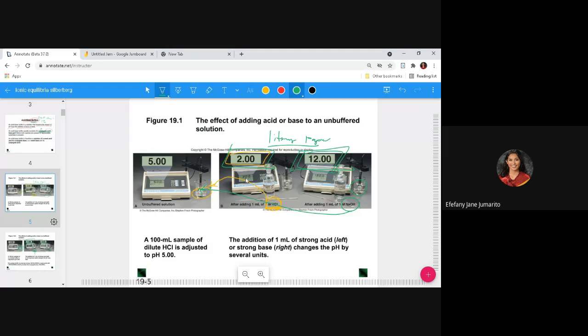If you have an unbuffered solution, for example HCl, there is no conjugate acid or conjugate base that will neutralize.